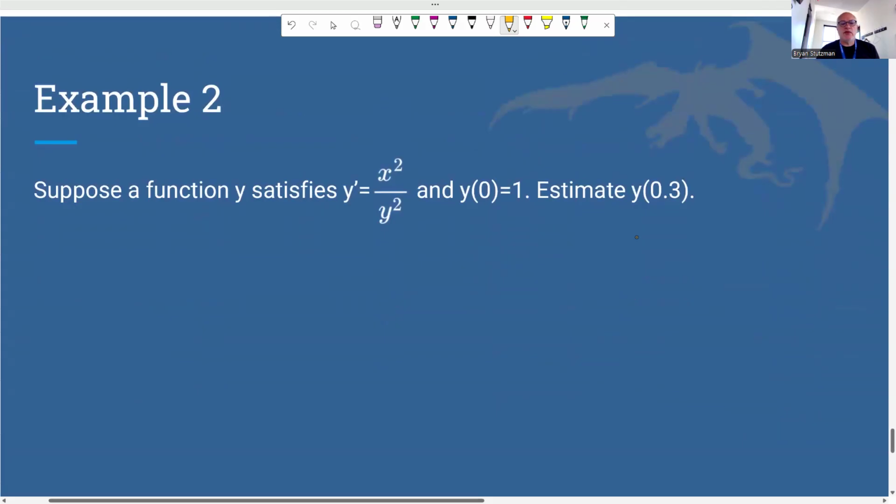dy/dx equals x squared divided by y squared, and we start out at y equals 1. We're going to approximate y when x equals 0.3, and we'll make a step of 0.1 each time.